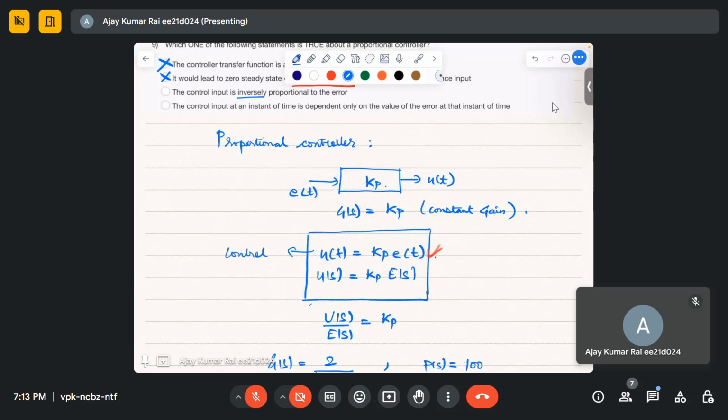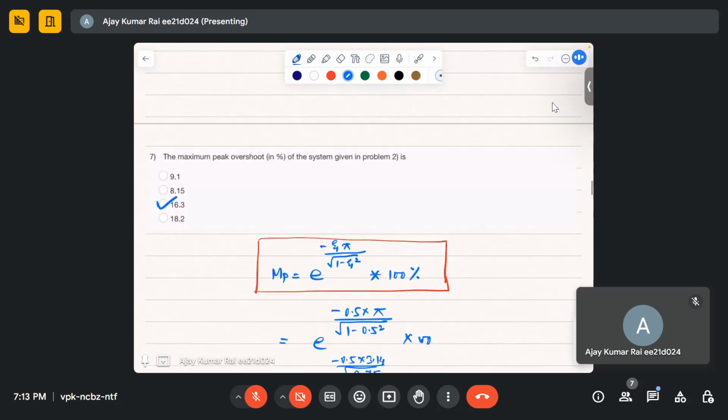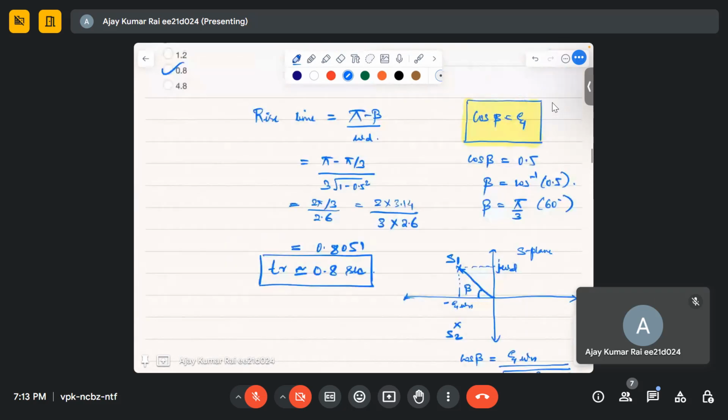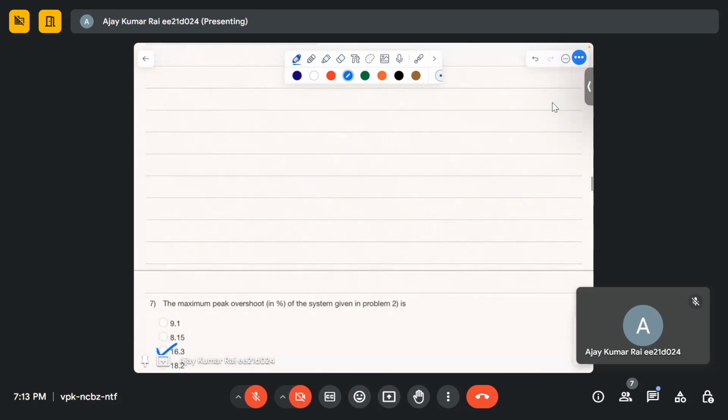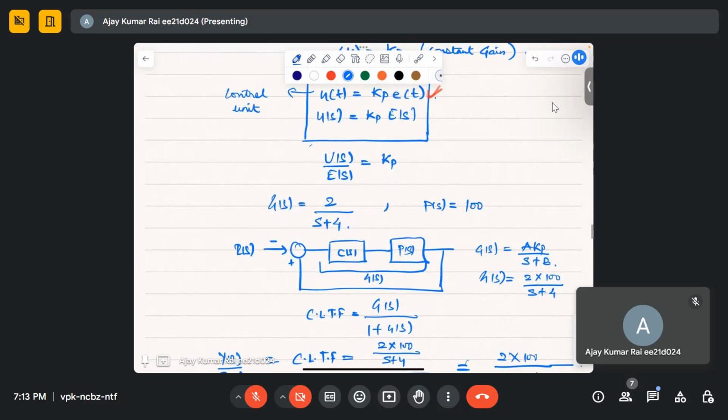Control input means your control. Okay, so if you see the system where I've drawn the system, this system. So this is u of s, right? Okay, so this is control input, right, to the plant.